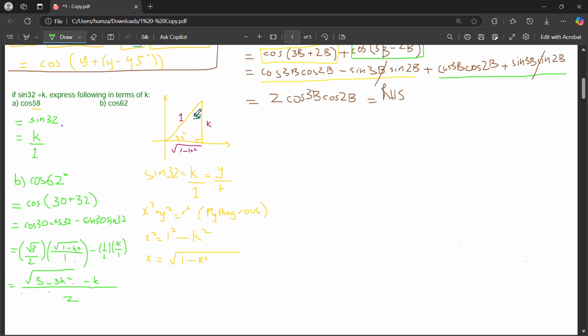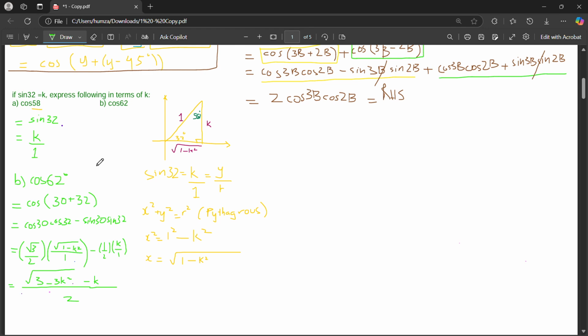Then you have to draw a rough sketch, fill in all the details, find all the sides, use the Pythagoras theorem to find the missing side, then go back to the question and see if there is a co-function, if there is a reduction function, or if there is a compound angle. Use those and find the value in terms of the given letter.